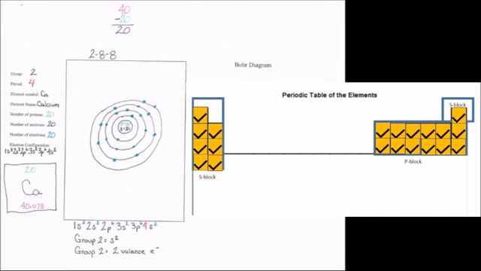There are 20 protons. If we take a look at the atomic mass, 40.078, all right, so we round that to 40. 40 minus the 20 protons gives me 20 neutrons, and then again we have 20 electrons.